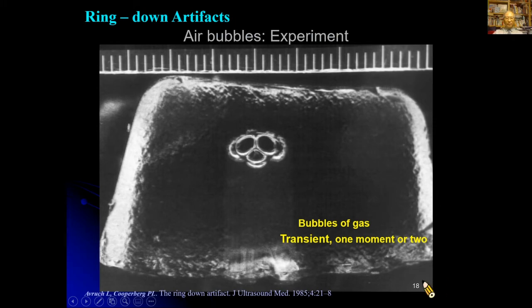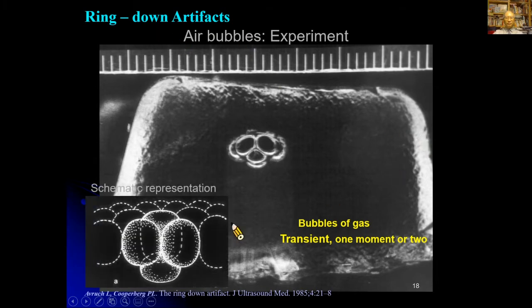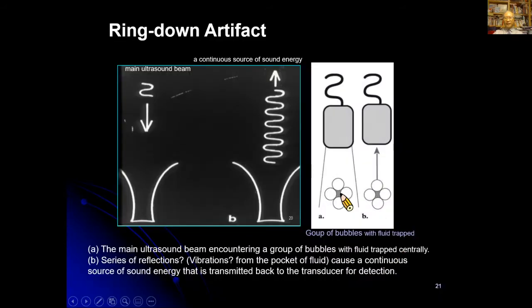Now about ring down. A very important study by the Cooperberg group in 1985 demonstrated that gas bubbles inside a water bag can cause this kind of air bubble artifact or ring down artifact. The schematic representation here shows the air bubble and, in between, the fluid trapped inside.